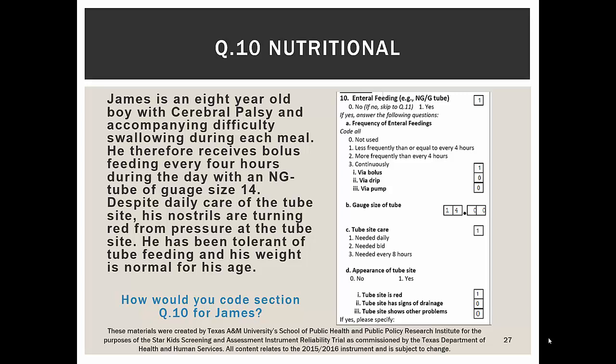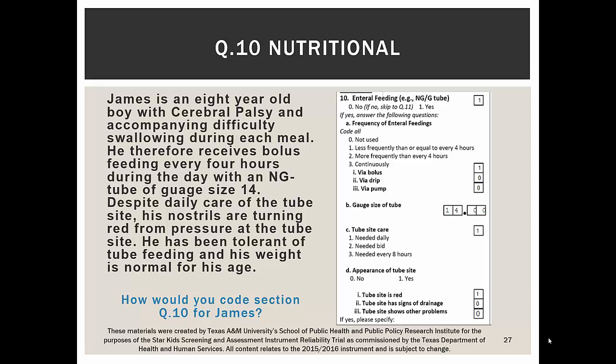Question 10, enteral feeding, would be coded as 1, yes. We'll code 10A, frequency of enteral feedings, as 1 via bolus. We'll code that with a 1 for less frequently than or equal to every 4 hours. 2 via drip as 0, not used, and 3 via pump as 0, not used.